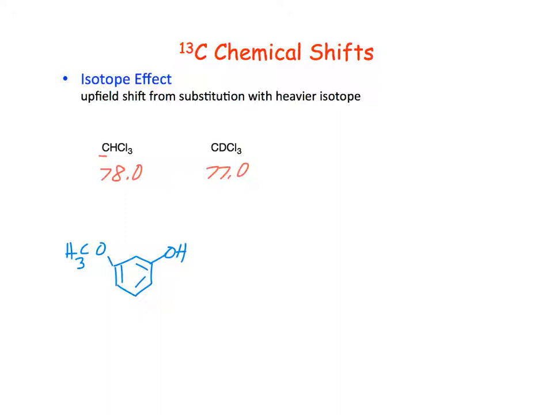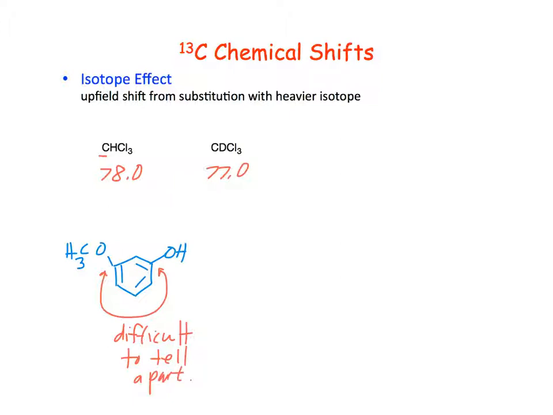So just by looking at the C13 NMR, it would be difficult to tell which carbon has the OH on it and which has the methoxy group. These two are difficult to tell apart.